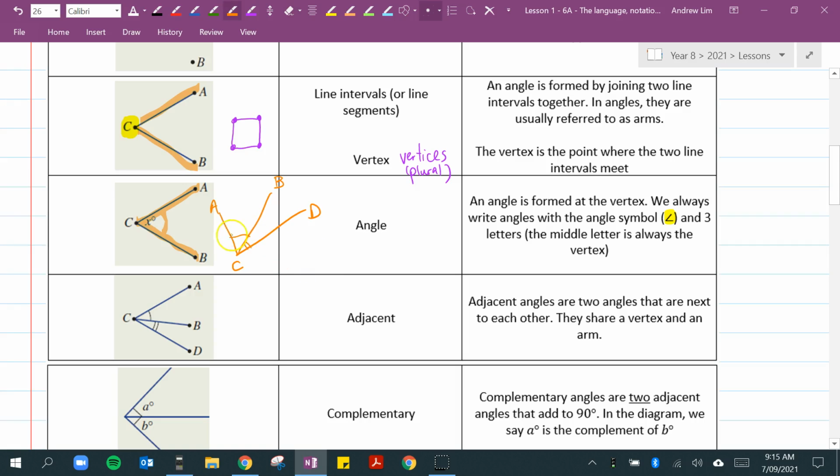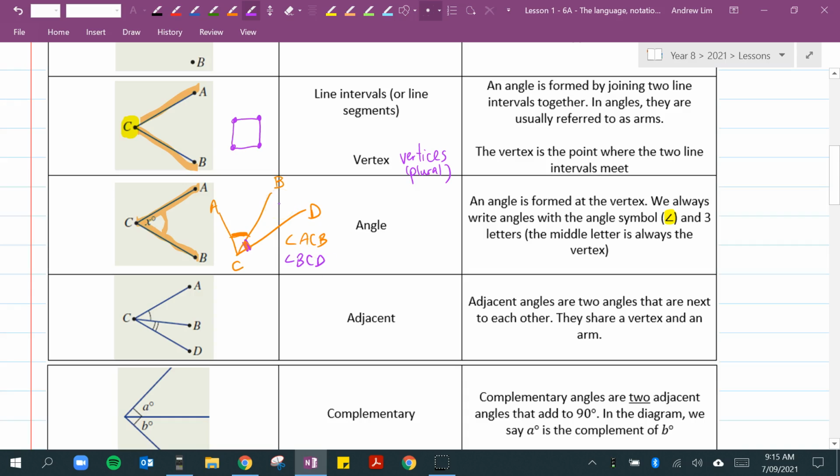If we want this bit here, we can say that's angle ACB. If we want just this bit here, maybe I'll use purple, that's angle BCD.